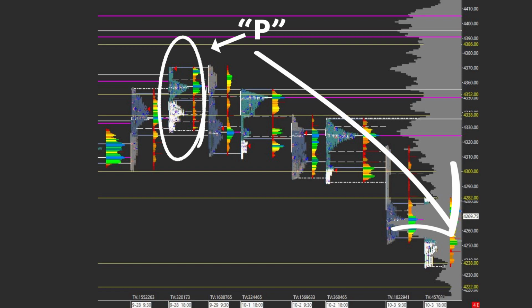At the end of the move, you get this sideways rotation that creates the capital P shape, where there's a lot of volume that accumulates in clusters at the tops. The theory-based approach behind this is that the weak-handed traders are starting to lose their touch and lose their footing right on the buy side. This allows for strong-handed traders to come in and start opening sell positions using the buy side as liquidity to look for the reversal back down.